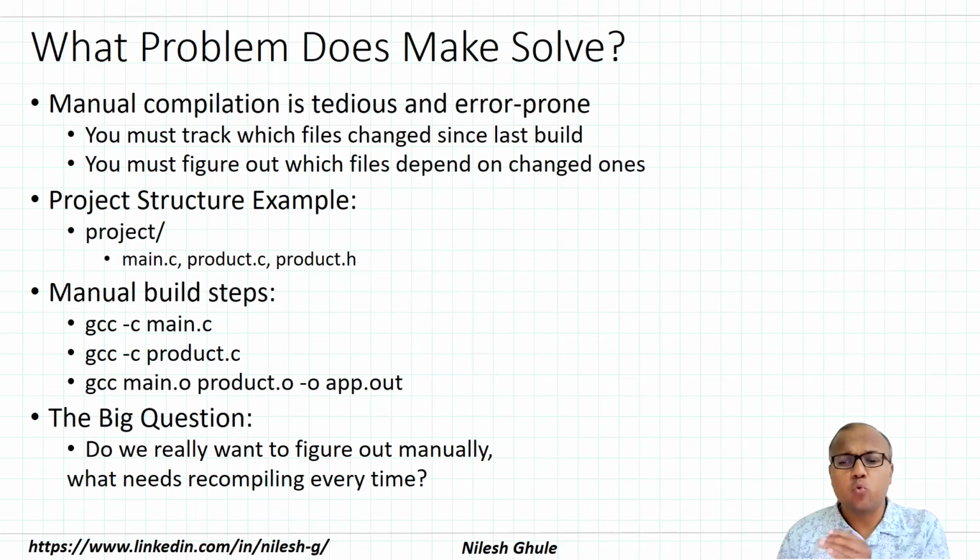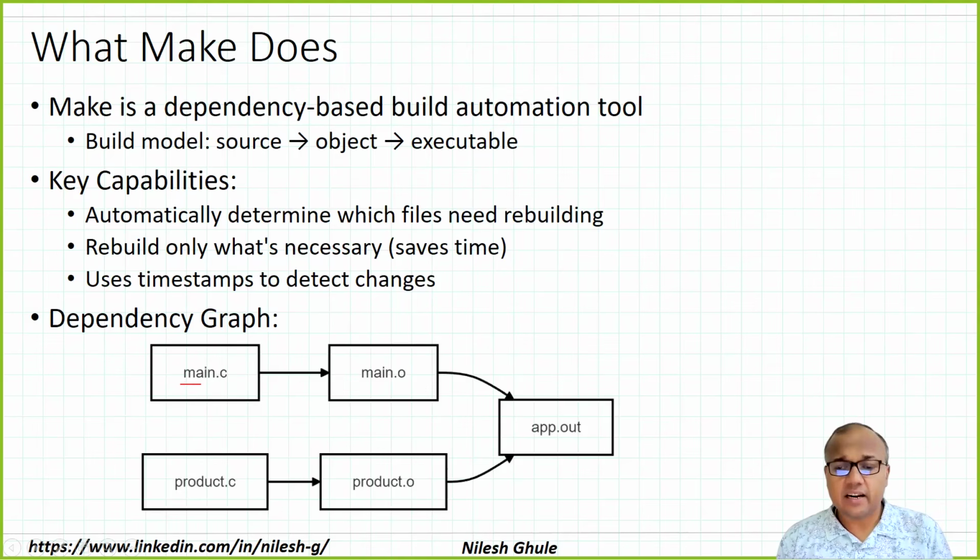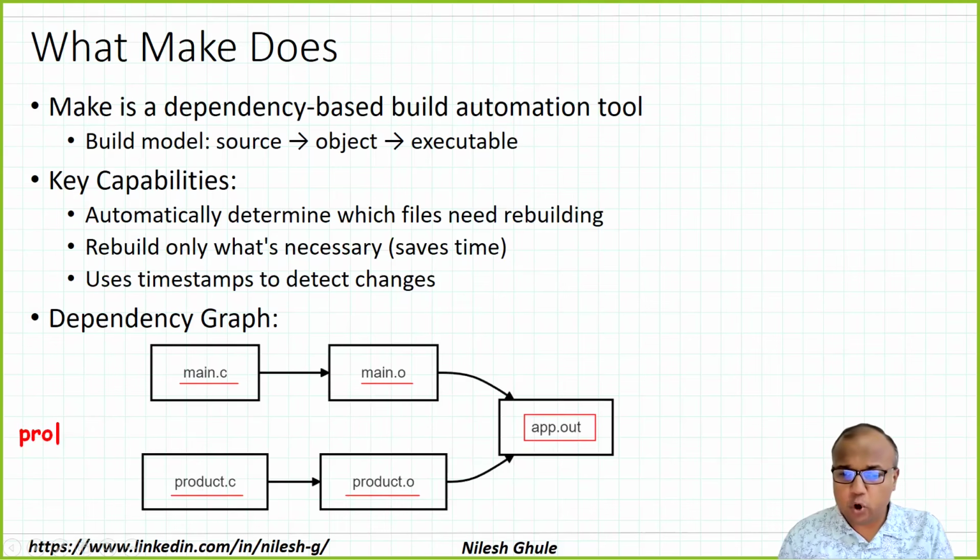Over here, we do not want to manually figure out which files we need to recompile. Using the makefile, we are going to build a dependency graph. The dependency graph is explaining that main.c is compiled into main.o and product.c is compiled into product.o. And then both of them are combined together to create app.out. In our application, we have also written product.h and we have included product.h in both of them.